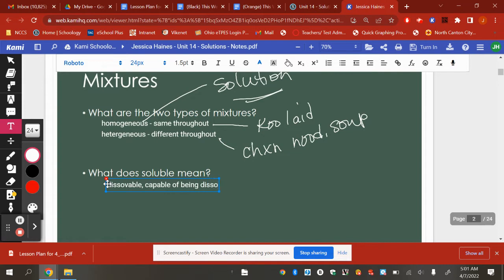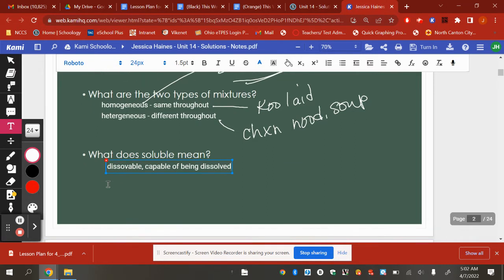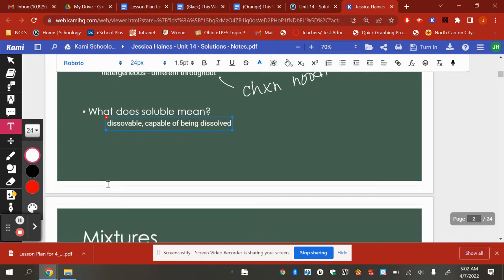So this is just basic terminology here on things with solutions. If one substance is soluble in another substance, it means that it dissolves in that other substance. So we'll use that quite regularly to talk about things.